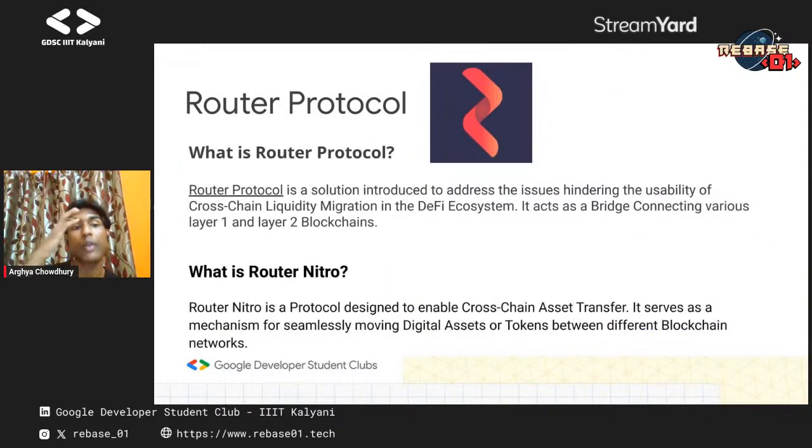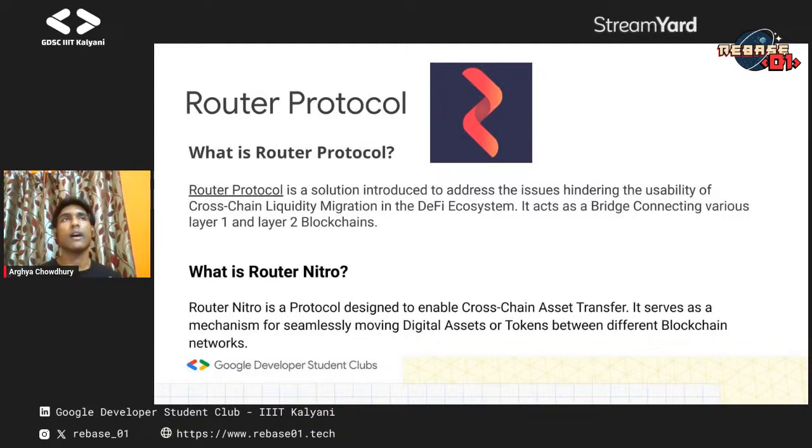So let's talk about Router Protocol now. What exactly is Router Protocol? So Router Protocol is a solution introduced to address the issues hindering the usability of cross-chain liquidity. Well, reading this, I don't think it's clear what exactly Router Protocol is, right?